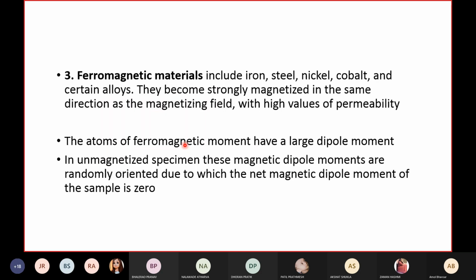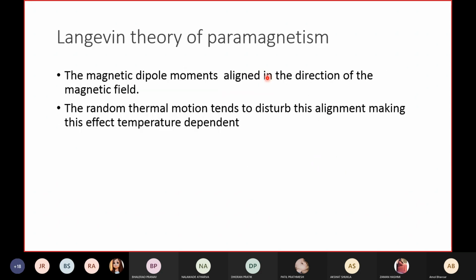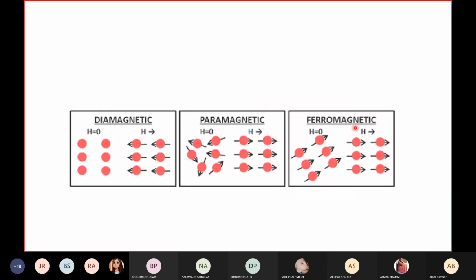Now the next article is ferromagnetic material. So which are the ferromagnetic materials? Iron, steel, nickel, cobalt. These get permanently magnetized as soon as you place them in an external magnetic field.